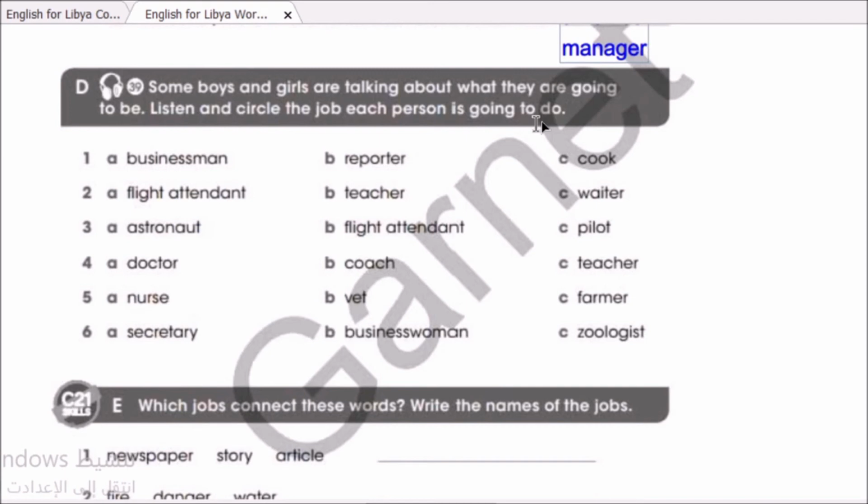Number 5. My favorite subject at school is science, and I'll need it in the job I'm going to do. I've always liked animals. As he said, I've always liked animals, and I don't like seeing an animal sick or in pain. I want to help make it better.